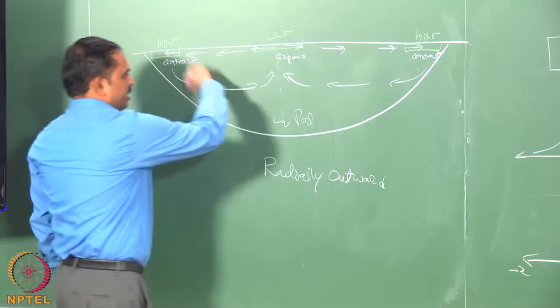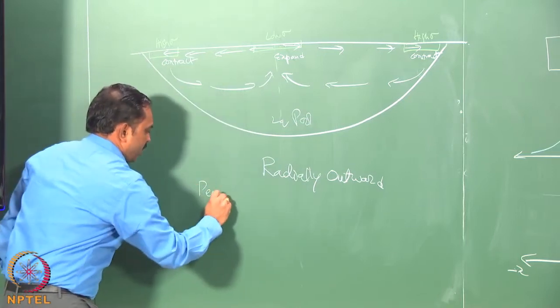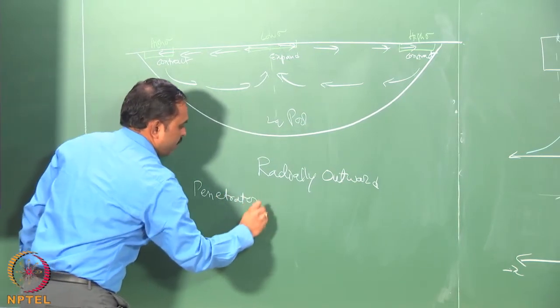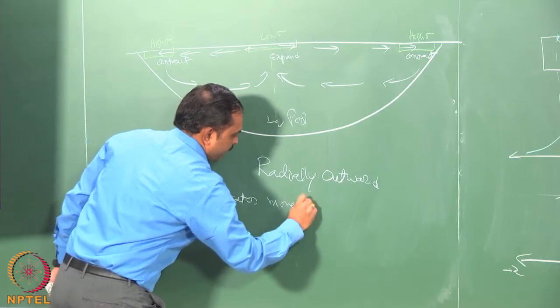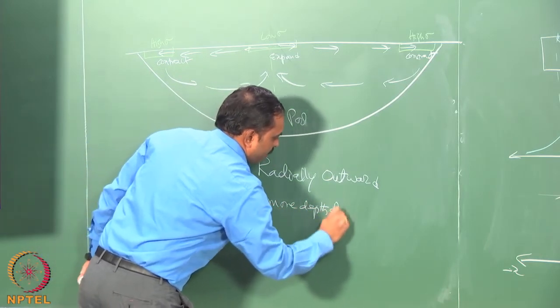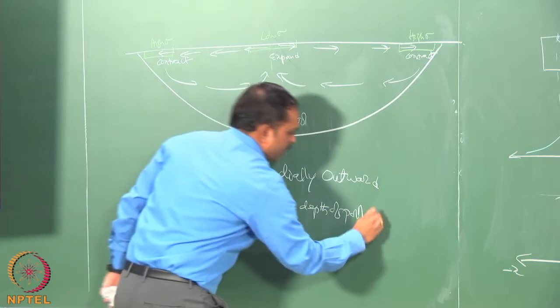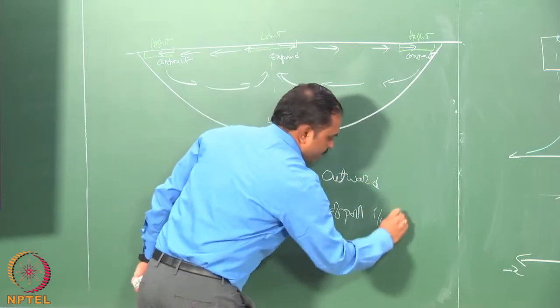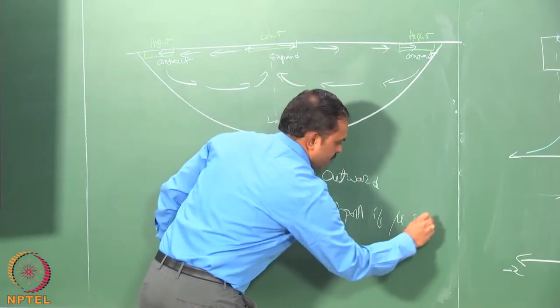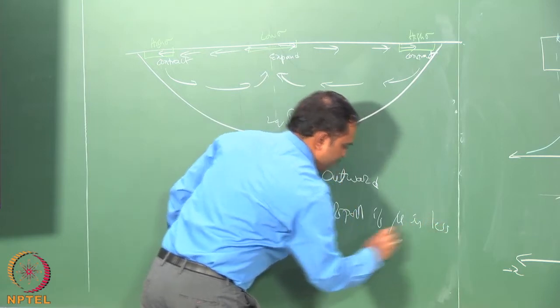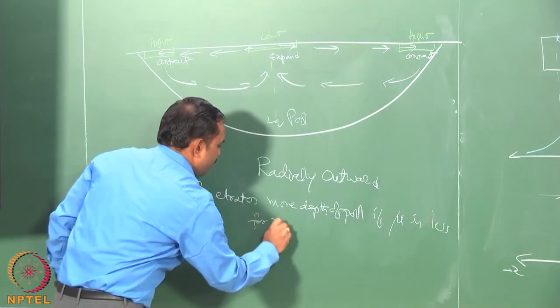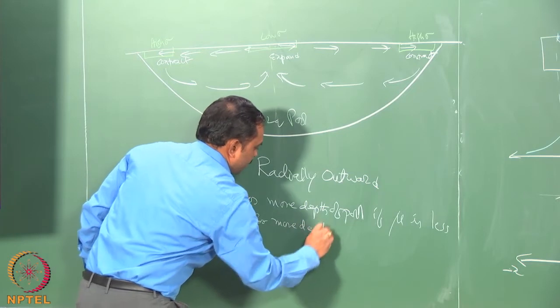So, this convection penetrates more depth of the pool if the viscosity is less for more depth.